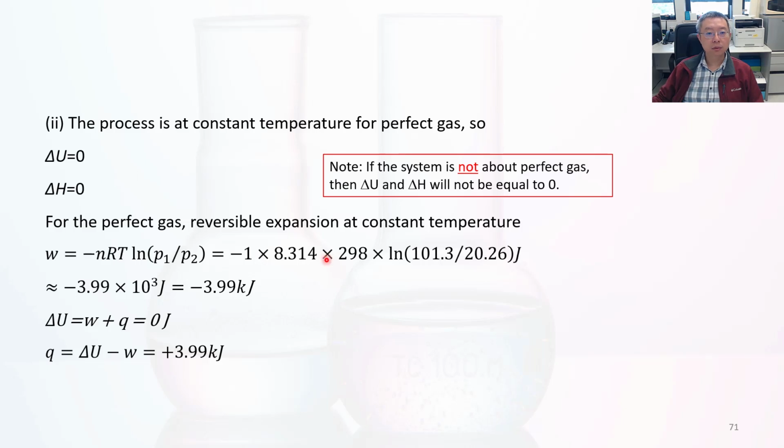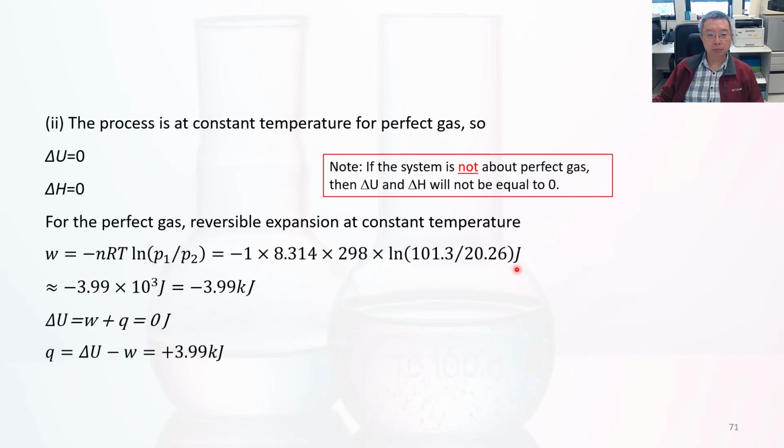So that is simple. If this is not a perfect gas, it's not going to be equal to 0. And for a perfect gas, reversible expansion at constant pressure, the work is equal to minus nRT log Vf over Vi, right? Because it's a perfect gas, Vf over Vi is equal to Pi over Pf, so it's equal to this as well.